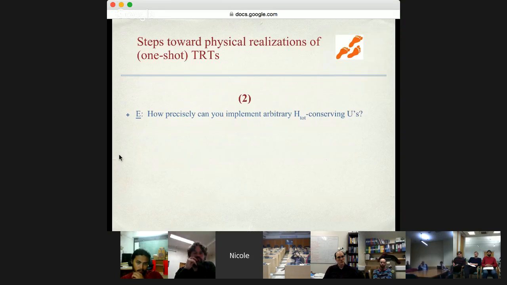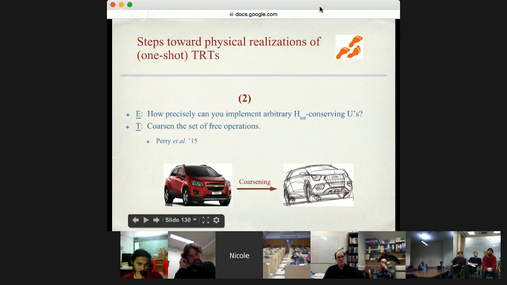Finally, when an experimentalist performs a unitary, the experimentalist cannot perform it exactly precisely because of lack of control over the system. This is a known problem in quantum error correction. So we might think about, within thermodynamic resource theories, coarsening the set of free operations, supposing that the agent doesn't have so much control over the system.